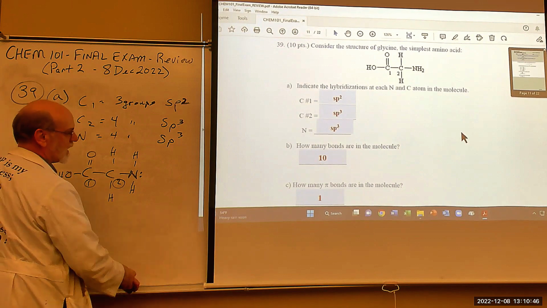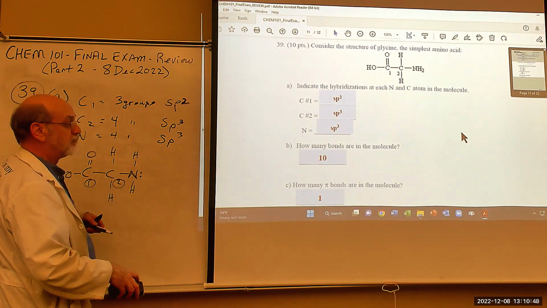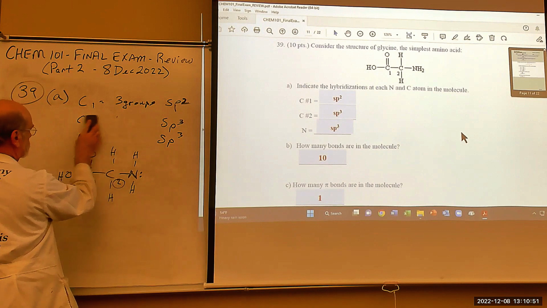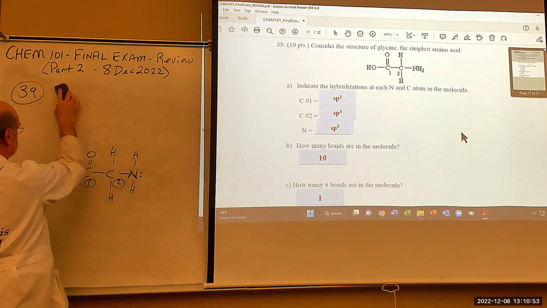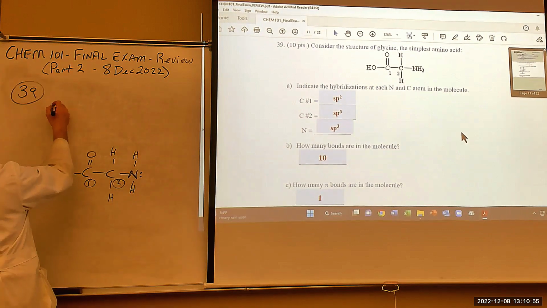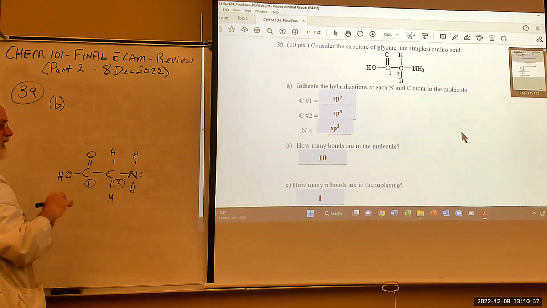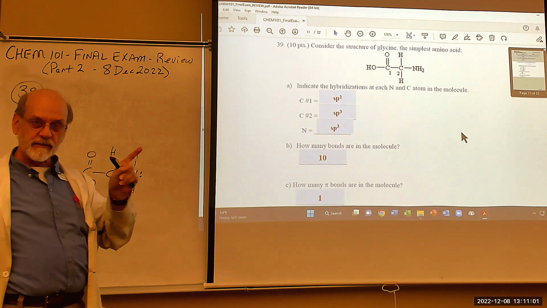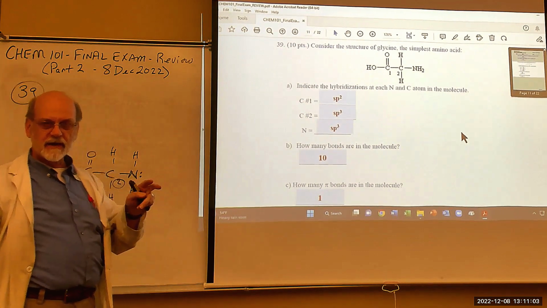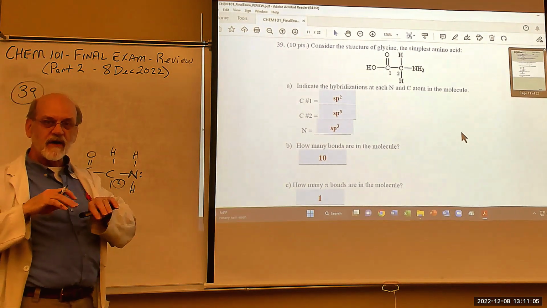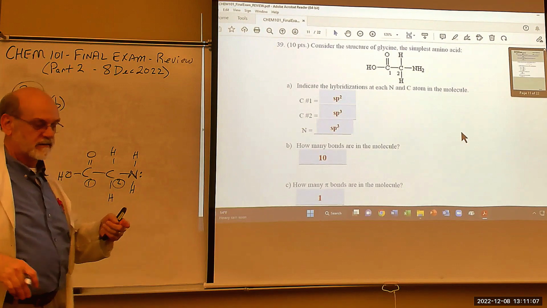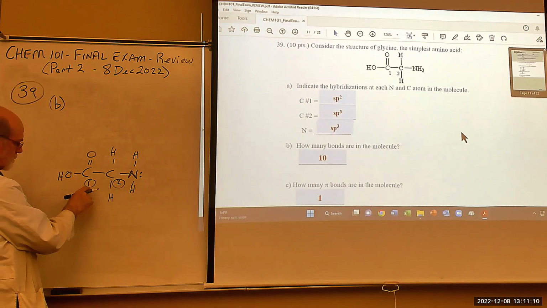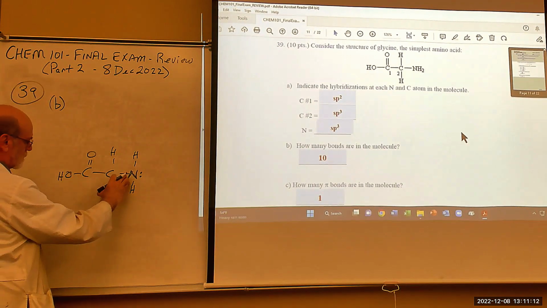All right. How many bonds are in the molecule? Here's B. How many bonds? Well, you have 2 types of bonds, remember, the sigma bond and the pi bond. If there's a bond in there of any kind, it's a sigma. So we have 1, that's not a bond.